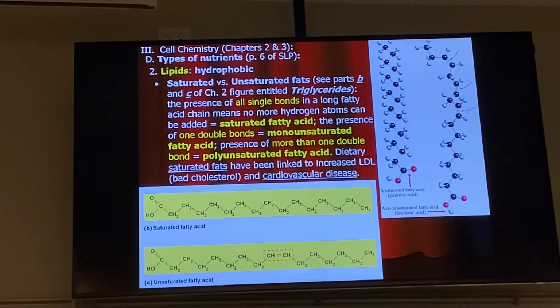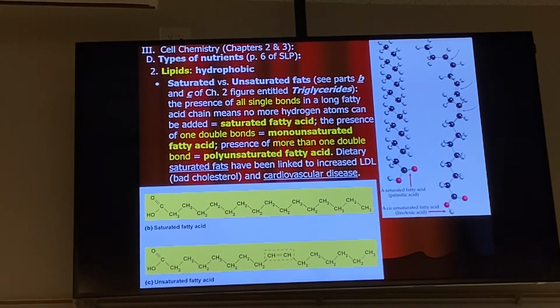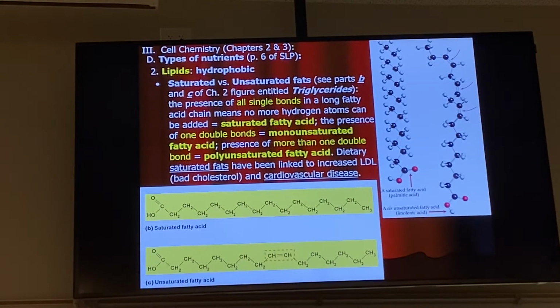1, 2, 3, 4, 5, 6, 7, 8, 9, 10, 11, 12. 1, 2, 3, 4, 5, 6, 7, 8, 9, 10, 11, 12, 13, 14. If this is as many carbons as you have, it can only fit 14 hydrogens max. For this length of a fatty acid.